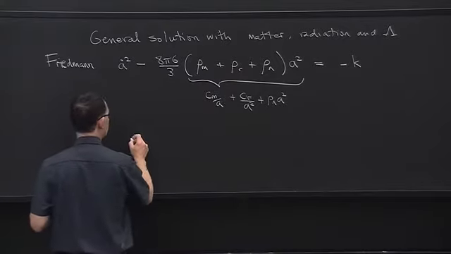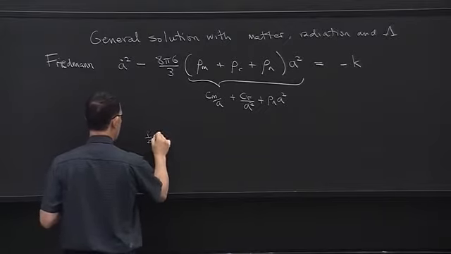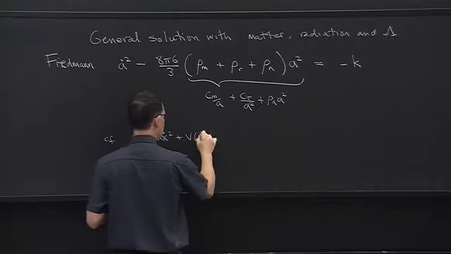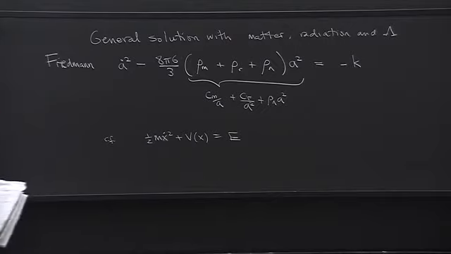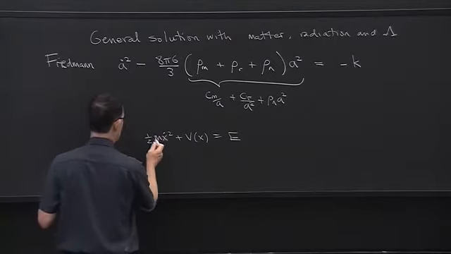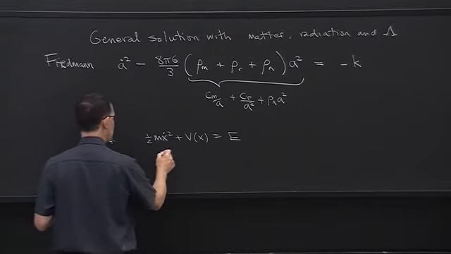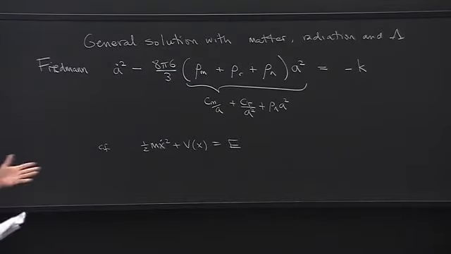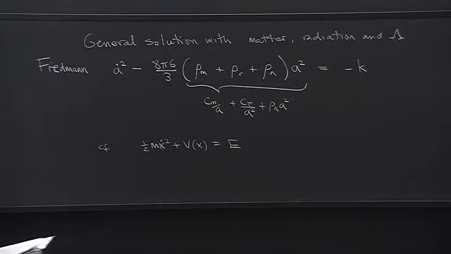Okay, so compare 1/2 m x dot squared plus V of x equals E. Okay, and so if we pick m equals 2 and x is A, and K is the energy, then this equation is just the energy of a particle moving in a potential.